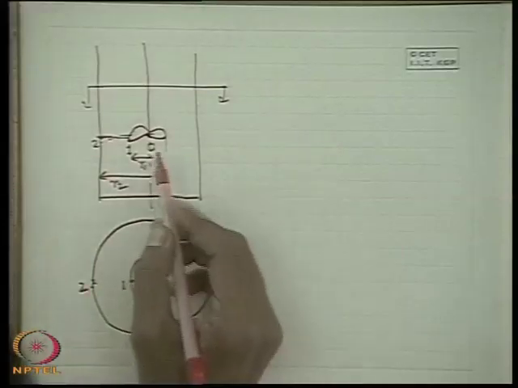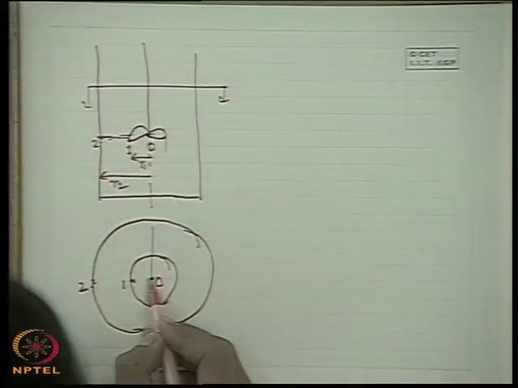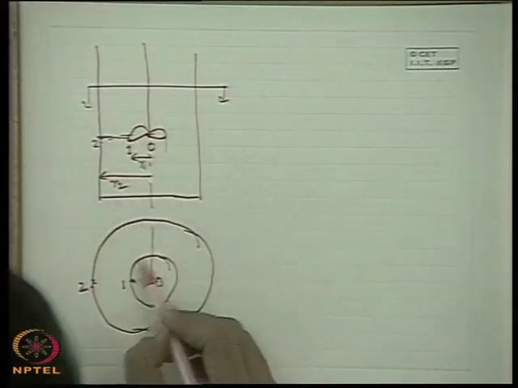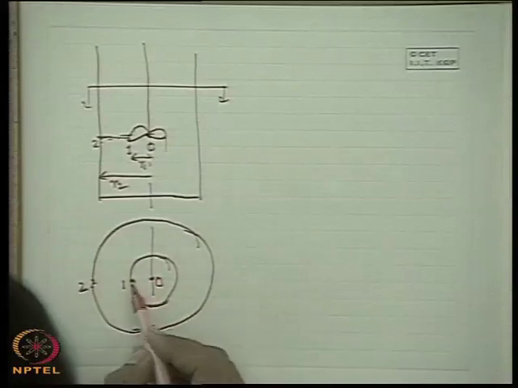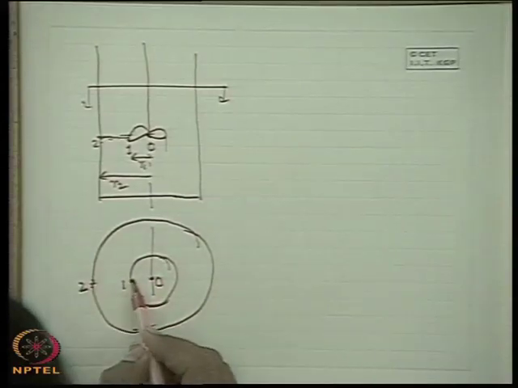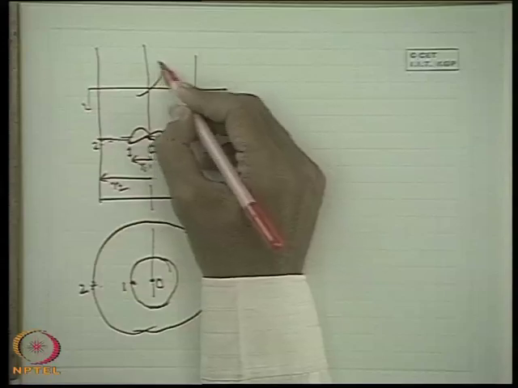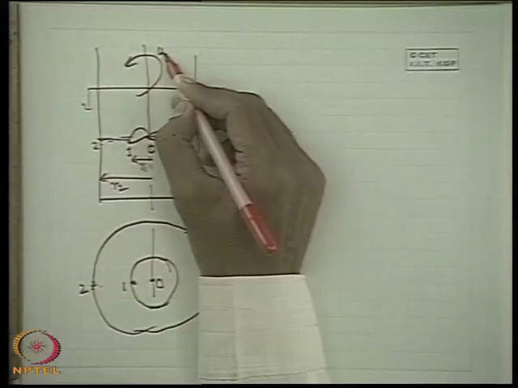What we did is assume that from 0 to 1, within this domain, the flow is forced vortex, and from 1 to 2 the flow is free vortex. So, we found the rotational speed omega.